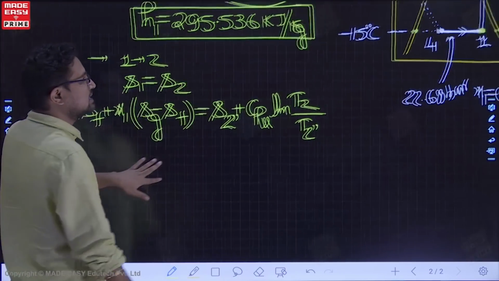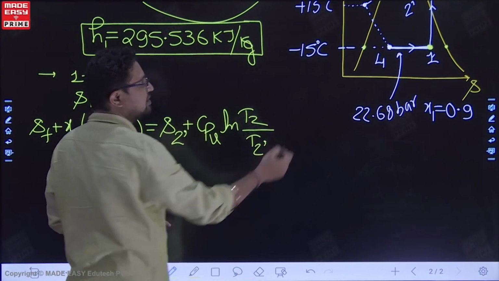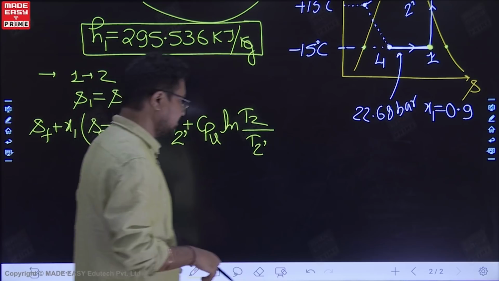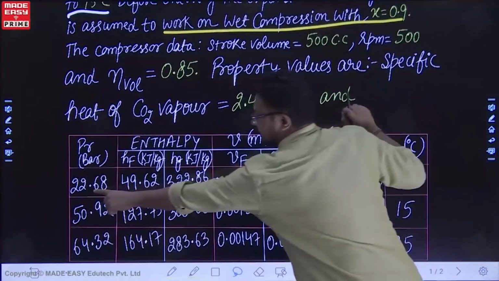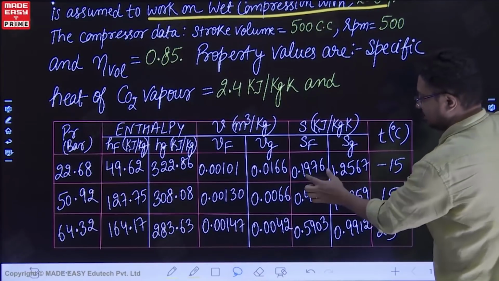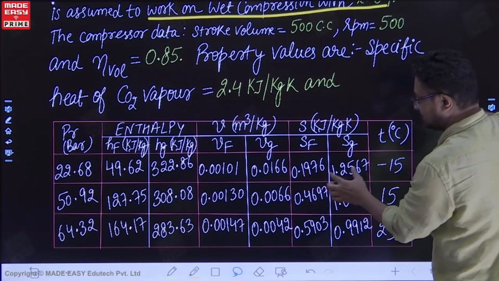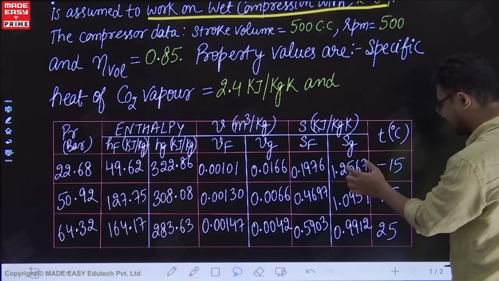One point is at lower temperature and lower pressure, so we know the values from the data. Corresponding to the pressure 22.68, at minus 15 temperature, SF is 0.1976 and SG is 1.2567. We can keep the values.